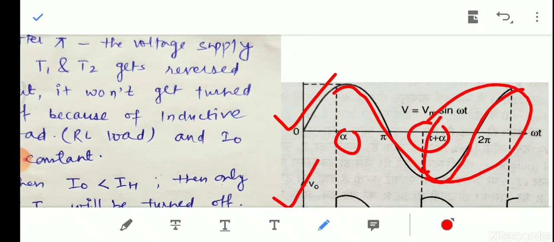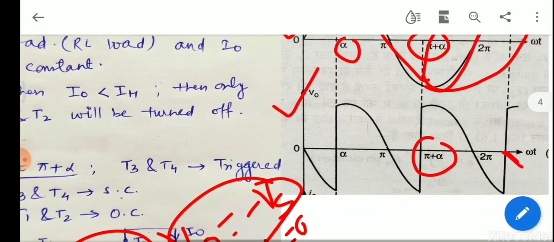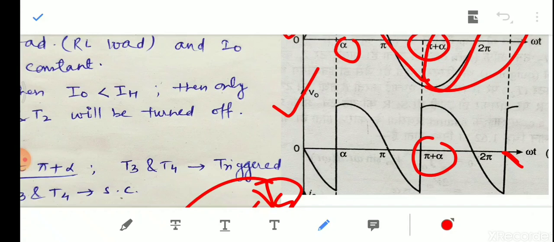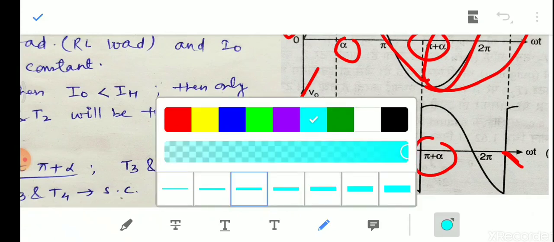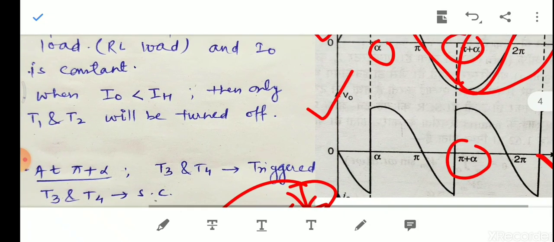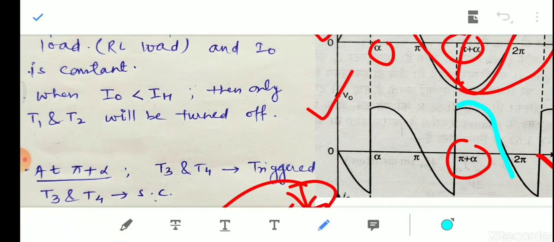Okay, so what will be the inverse of this? This will look like this.